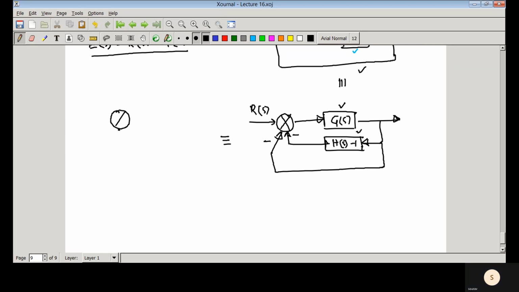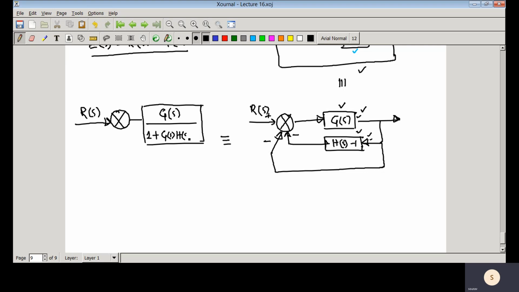That means we have that R(s) here, and if we combine this one and that one, that is G(s), we have that G(s) by, as it is negative feedback, that is 1 plus G(s) into this feedback, so that is G(s)H(s) minus G(s), and the rest of the feedback path is this one.